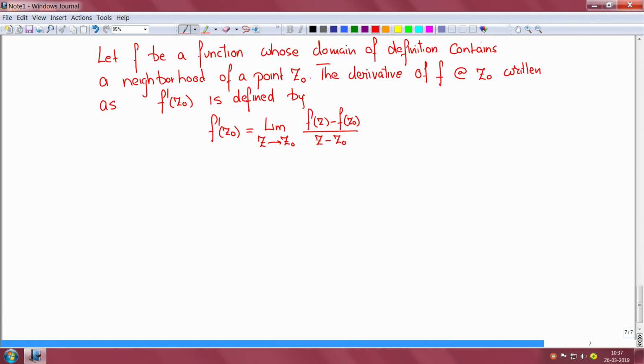This is the definition of the derivative.